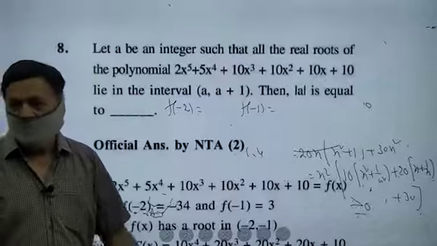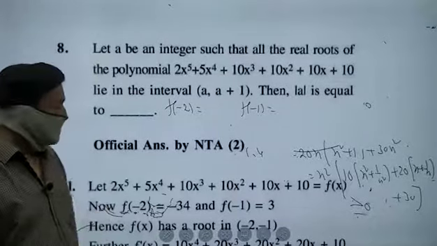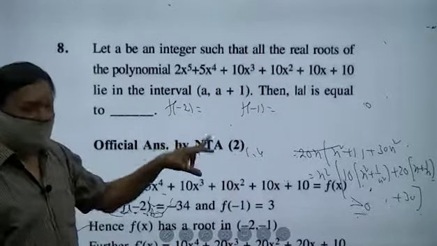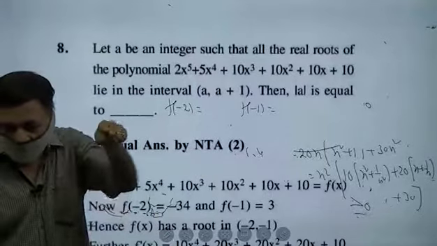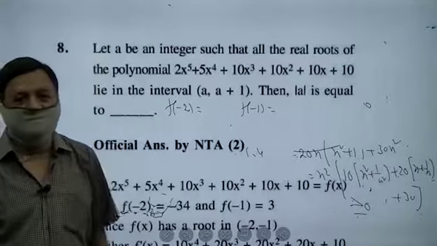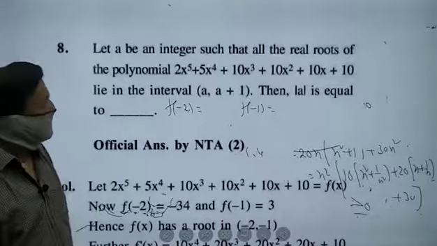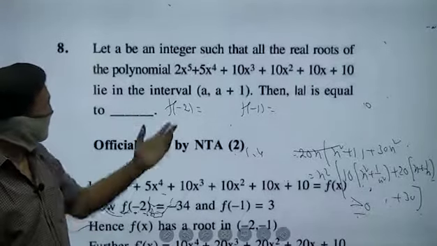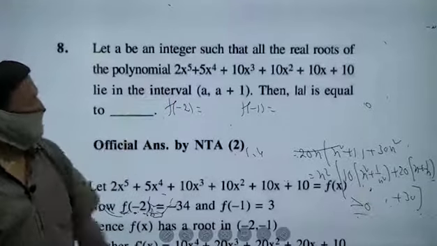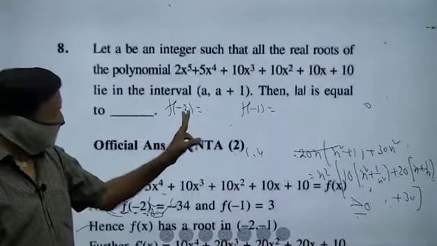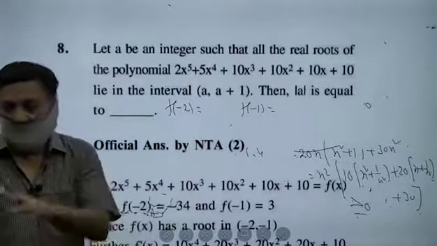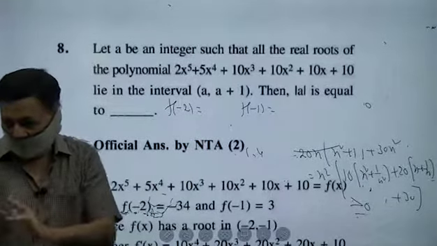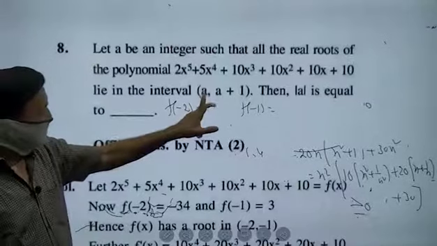So between minus 2 and minus 1 there is a root. Right? Wherever he has given an integer here, no problem. So f of minus 2 negative, f of minus 1 positive means there exists a root between minus 2 and minus 1. This is minus 2, this is minus 1.